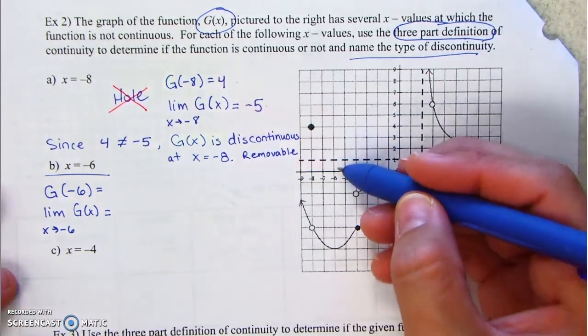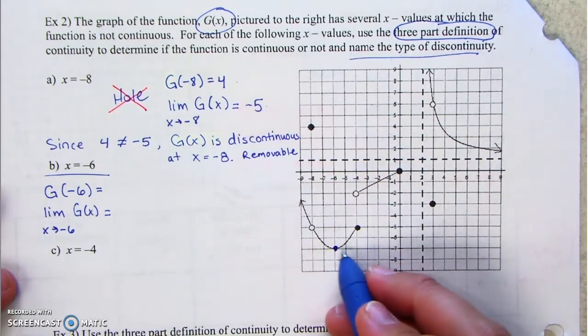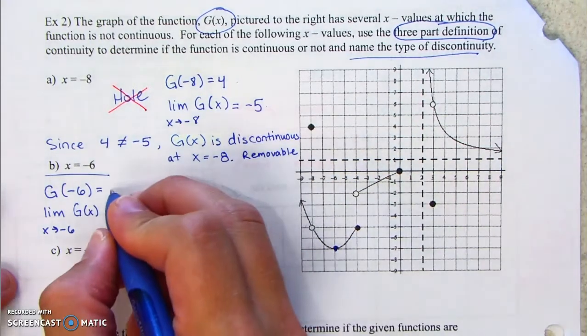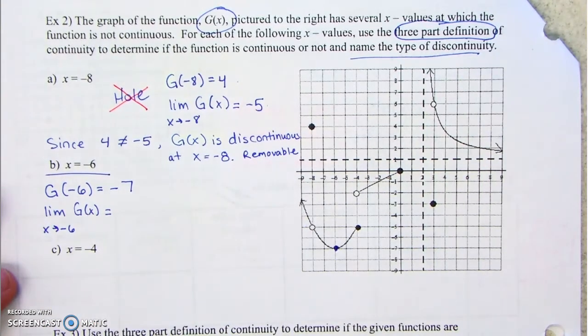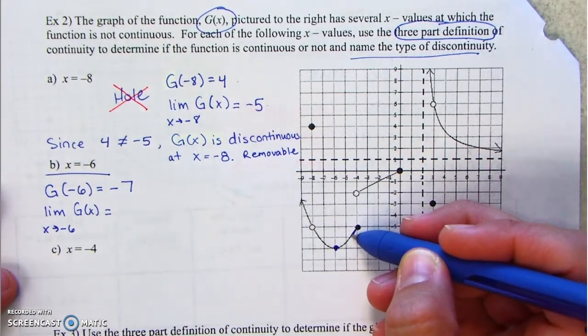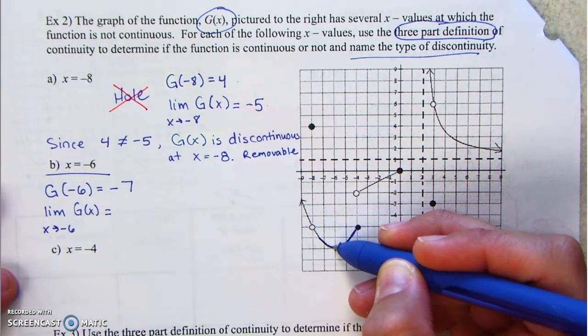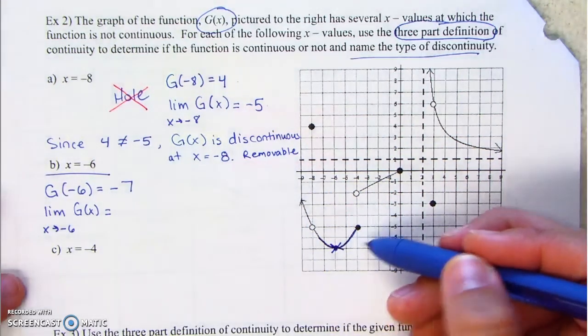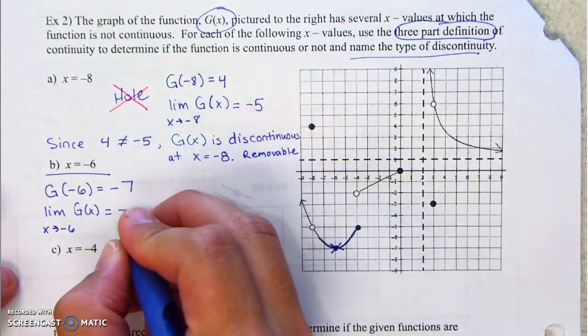Okay, so g of -6 is going to be this point right here, and this point is -7. Okay, now what's the limit? Well, as I approach -6 from the right, and as I approach -6 from the left, the limit from the left equals the limit from the right, and that is at -7.